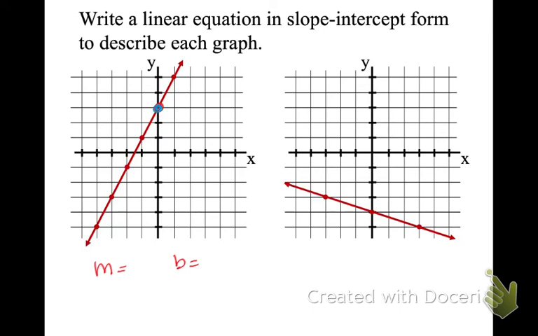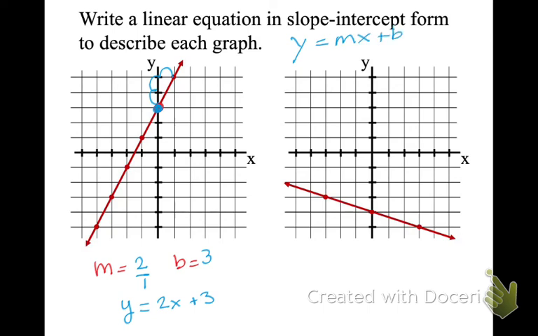So that is a positive 3. And then my rise is 2, and positive 1 is the run. So if I have that, then I can write y equals 2x plus 3, because remember, it's in y equals mx plus b.